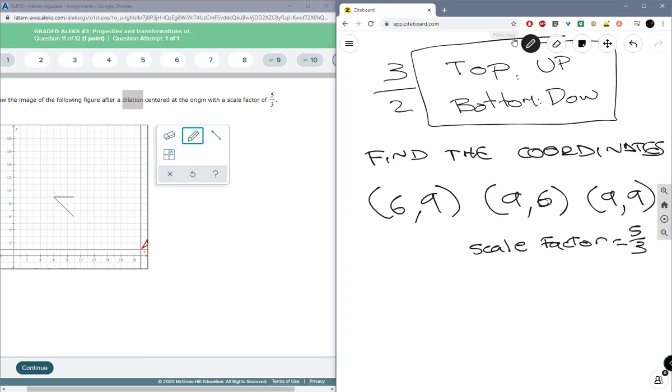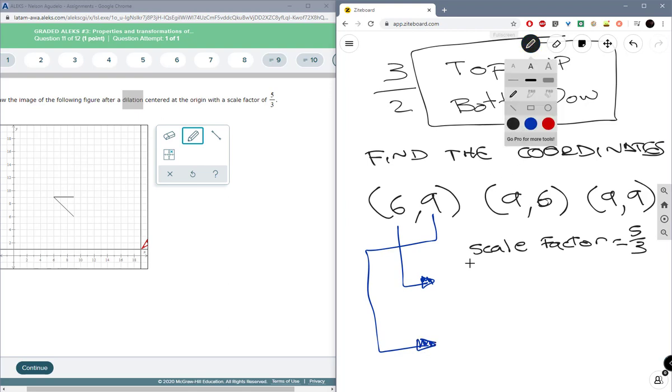Let's do it for this coordinate. First with the 6 and then with the 9, okay? You have to multiply 6 times 5/3. Remember, when you have to multiply a natural number by a fraction, you have to transform the natural into a fraction by putting a 1 in the denominator.